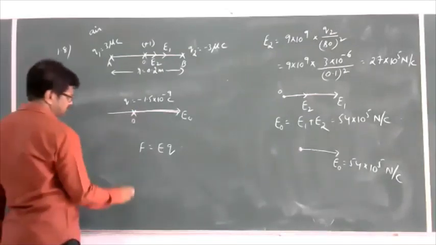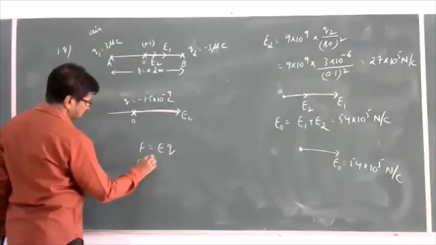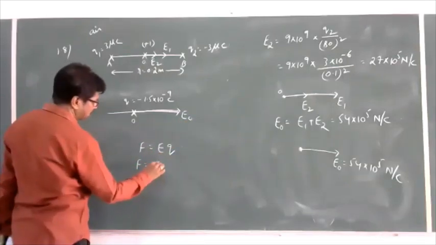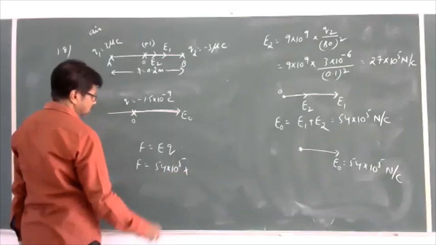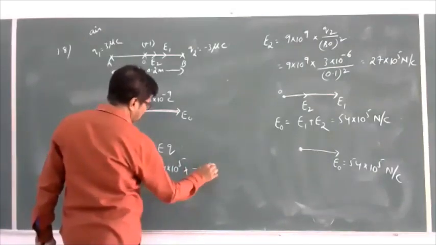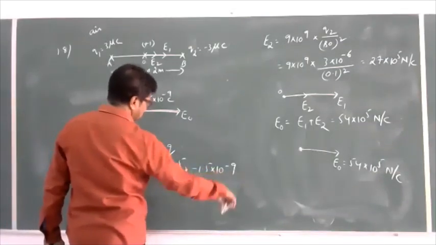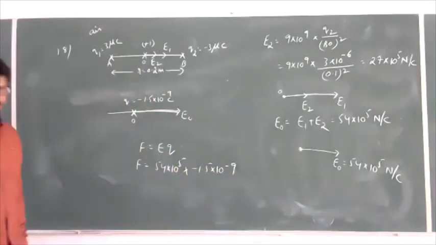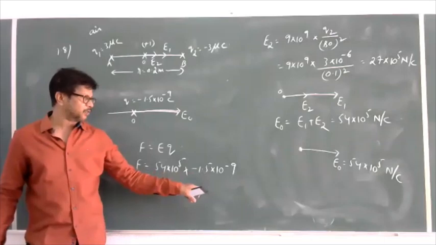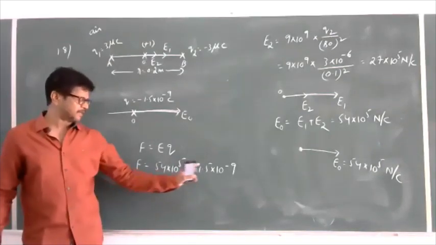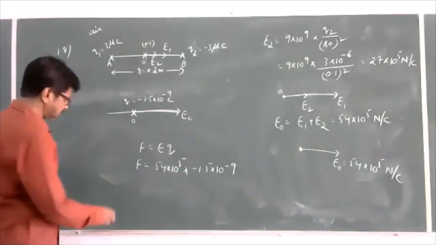Based on that, F is equal to the E value, just now we got 54 into 10 to the power of 5, times the Q value, minus 1.5 into 10 to the power of minus 9. 1.5 means 3 by 2 we can write. 27 threes are 81.